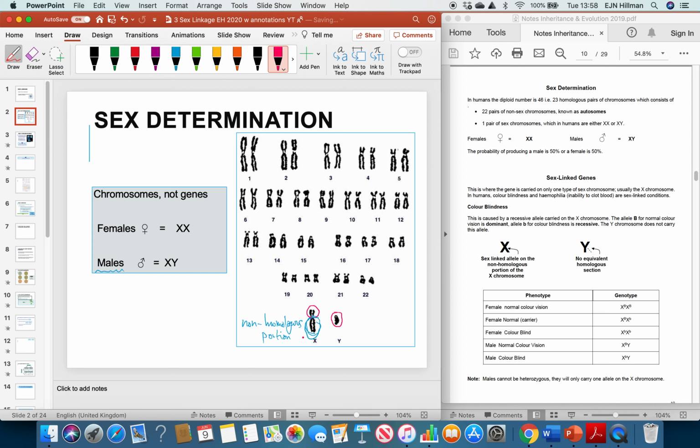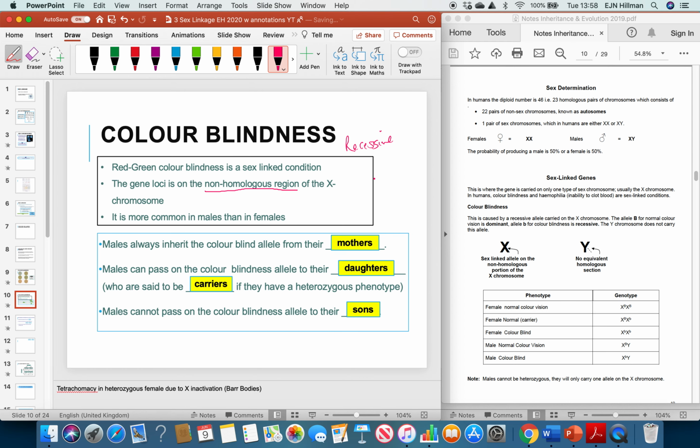Remember, there is that non-homologous region, or the non-homologous portion, of the X chromosome. Therefore, it is much more common in males than it is in females.